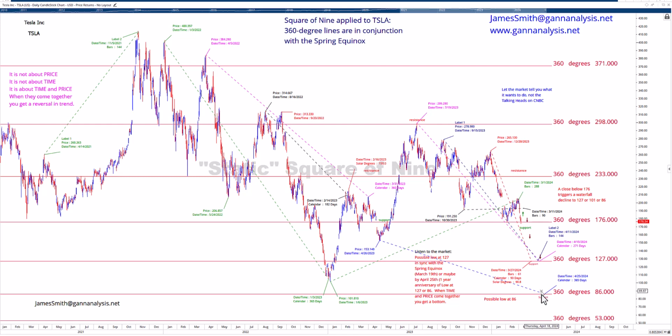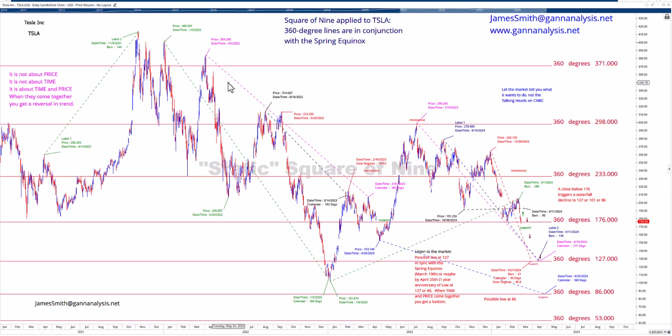Same idea would be down here. If it were April 25th and you're all the way down at 86, that's a pretty wicked sell-off, but it could happen. And if it does, and it bounces off this level in sync with the 1-year anniversary of the low, then you know you should be buying with a stop loss just below 86.